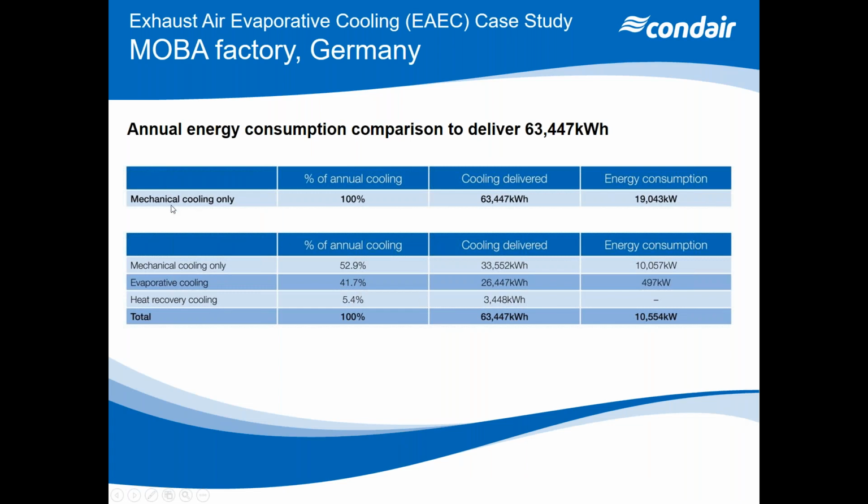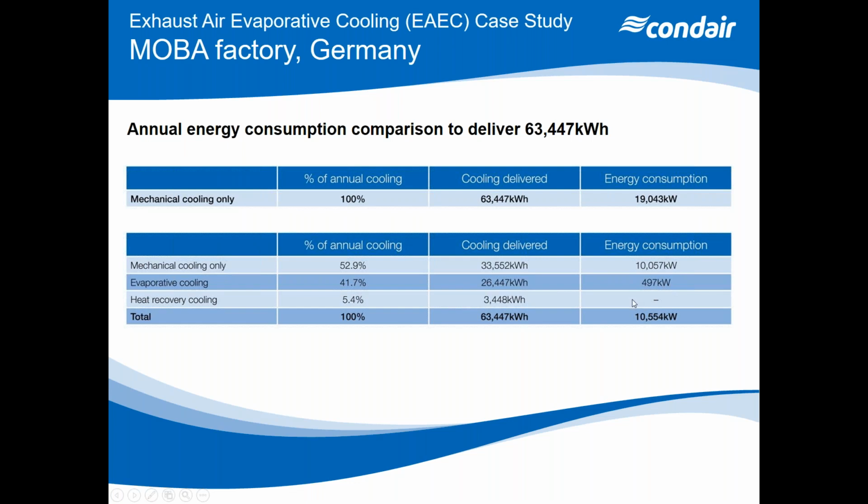So again, our mechanical cooling delivered was 63,447 kilowatts required, and that has an energy consumption of 19,043 kilowatts. When we were splitting that load by mechanical, evaporative, and heat recovery, because the evaporative cooling energy consumption was so low, to give those 26,447 kilowatts of evaporative cooling, and only an energy input of 497 kilowatts.